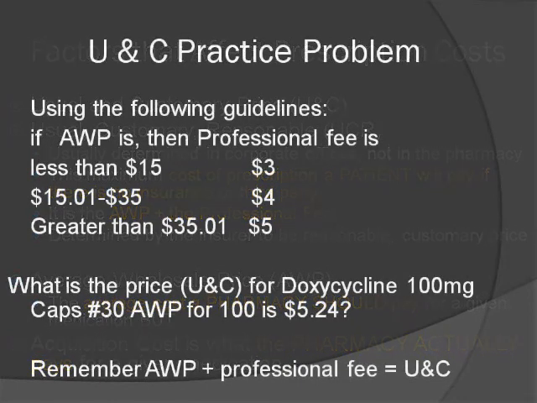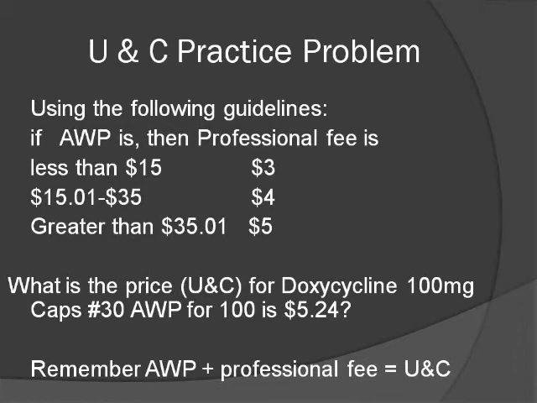These types of problems involve first calculating the professional fee, which you do based on a chart. Prior to that, you're going to calculate the AWP for a certain quantity, because most times they'll give you the AWP for a full stock size bottle, but it's rare that you're going to fill a stock size bottle.